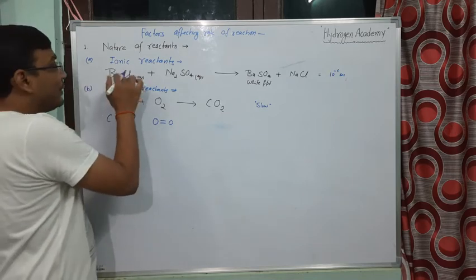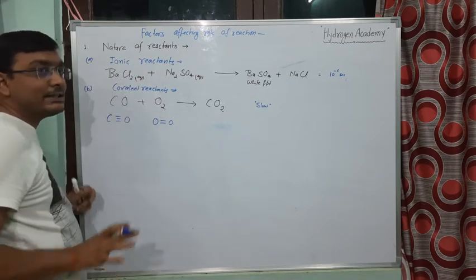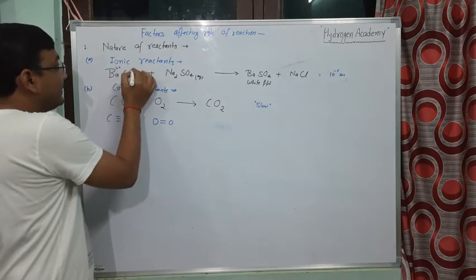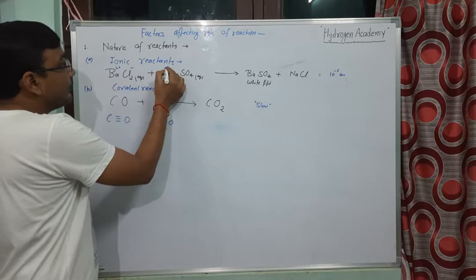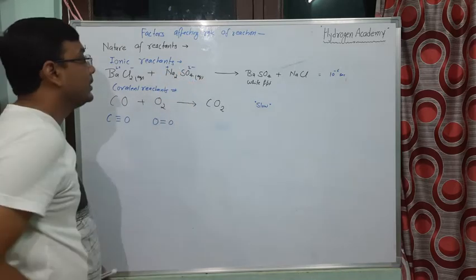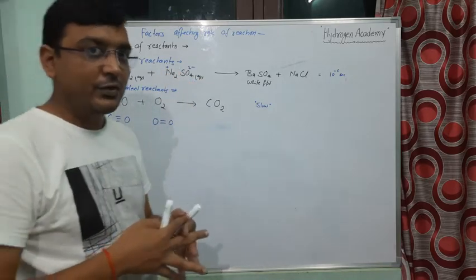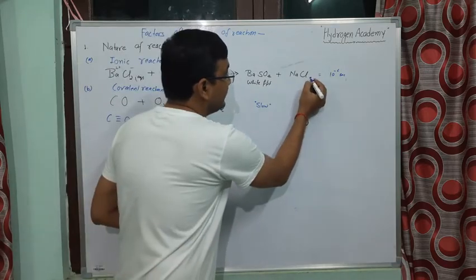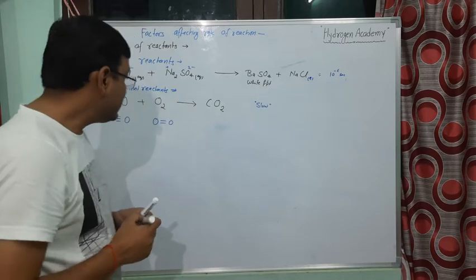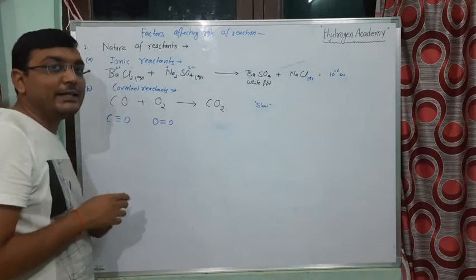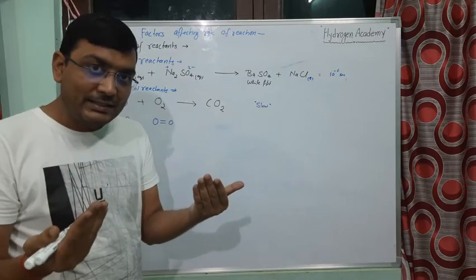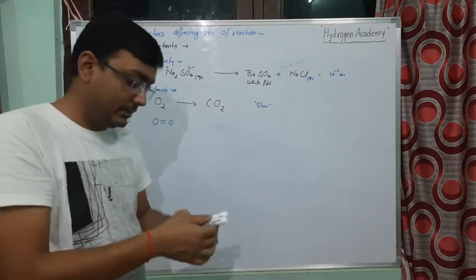In this case, when we dissolve ionic reactants in water, it is already present in the form of ions. So after mixing, they react fast and give the product. But in the case of covalent reactants, in the first step bond is breaking, then bond is forming.